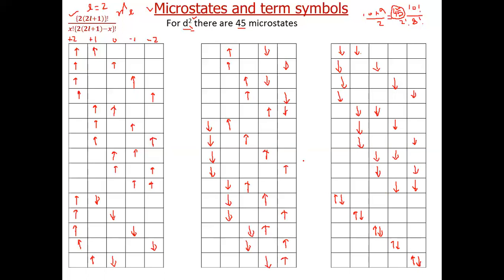Now we will see what possible term states are necessary by which we can represent all these 45 microstates. That we will do in our next slide.